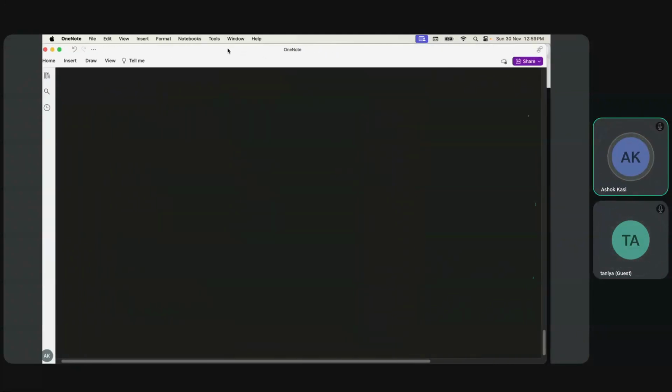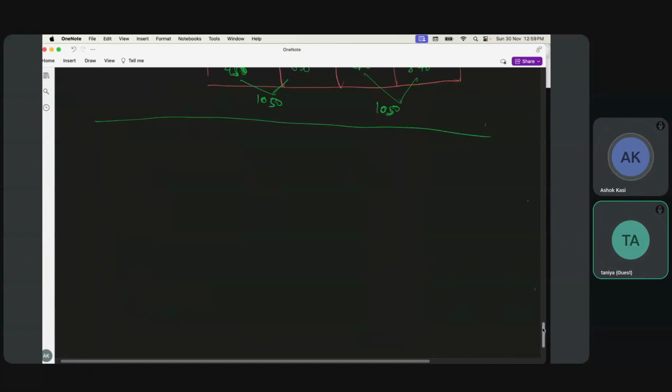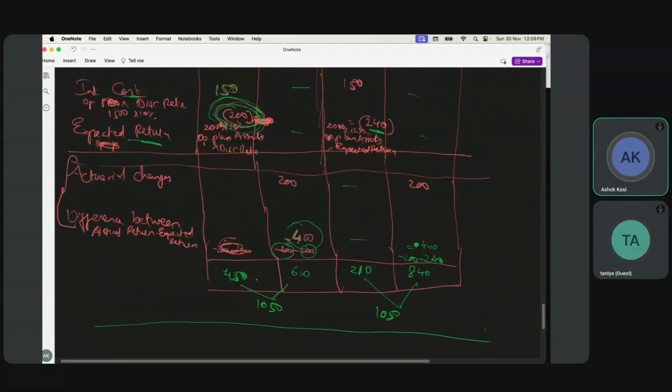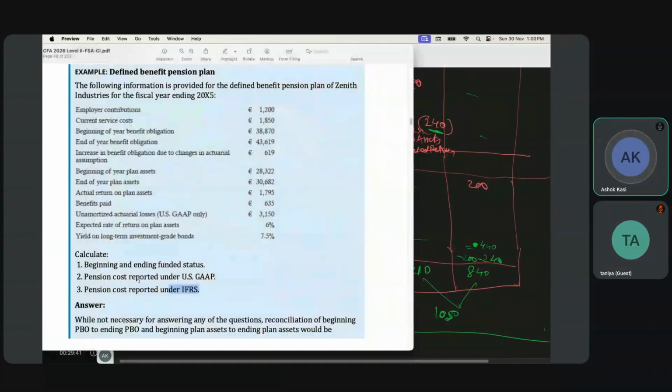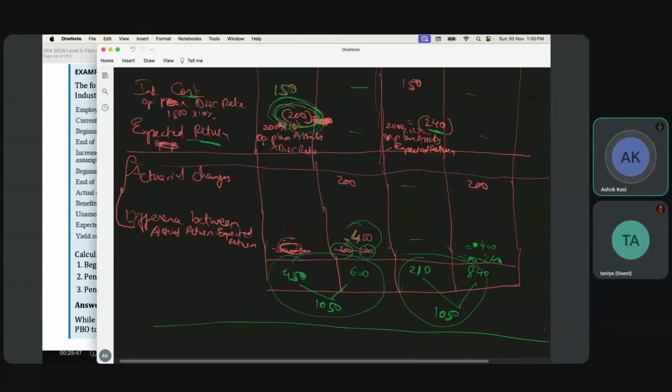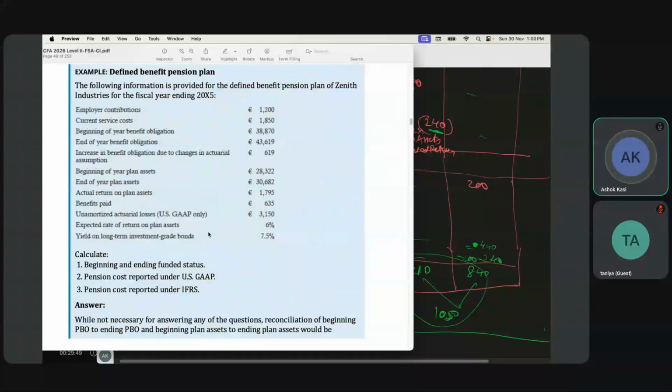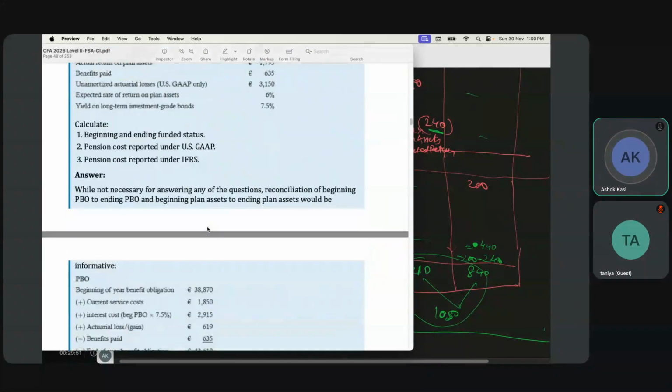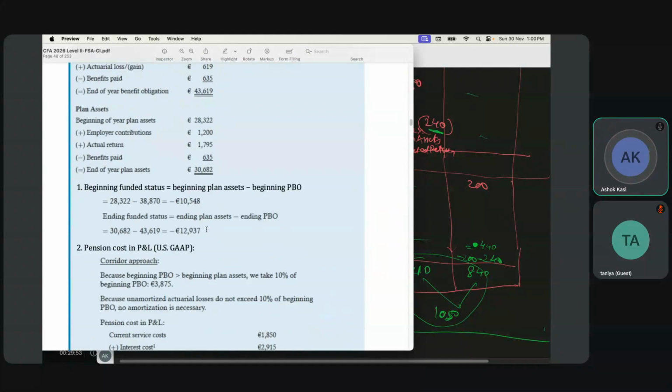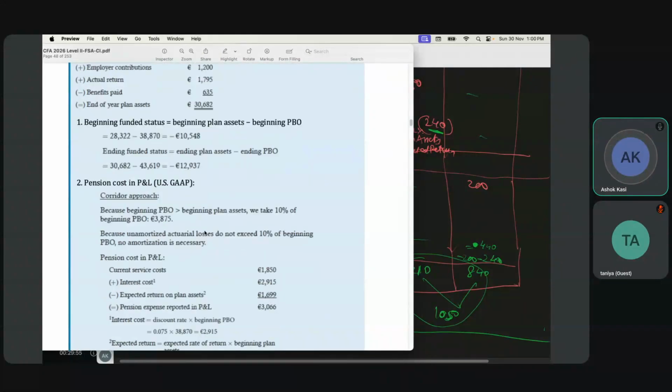That table is called pension. Under IFRS, and this one is under US GAAP.